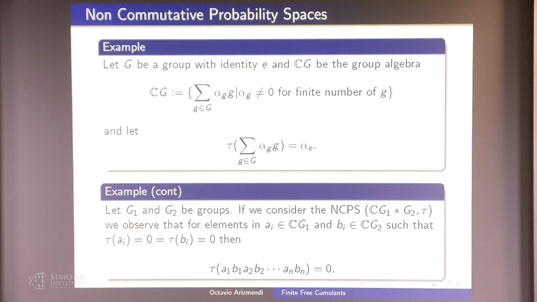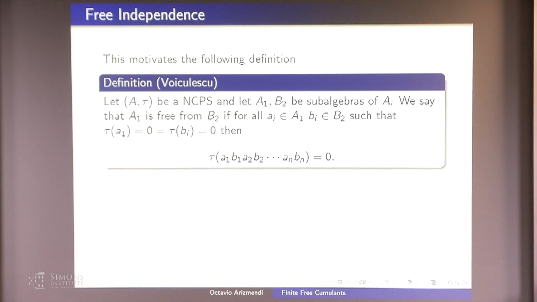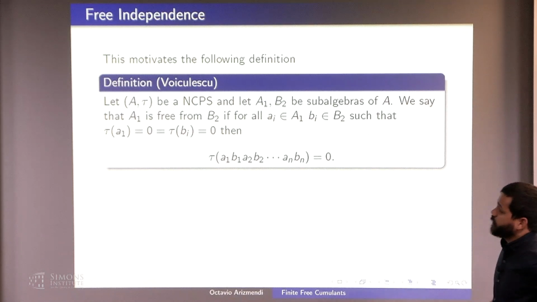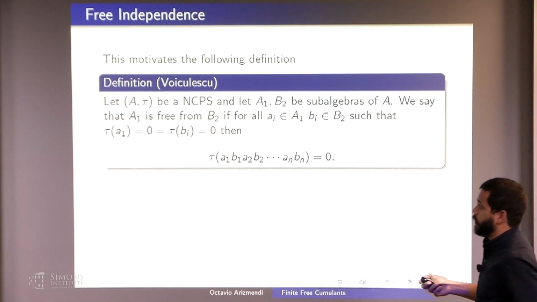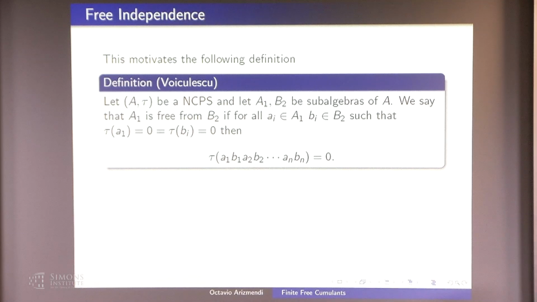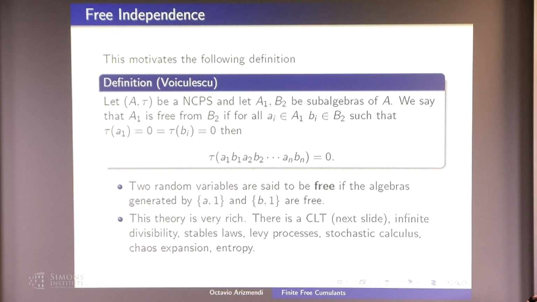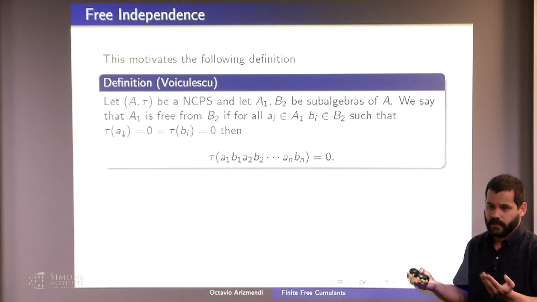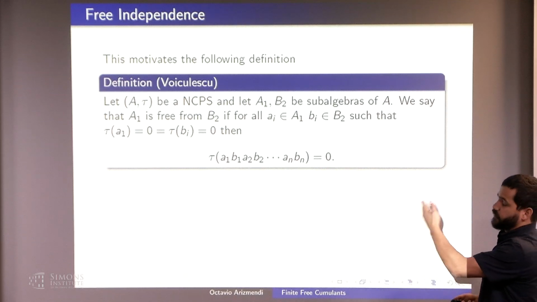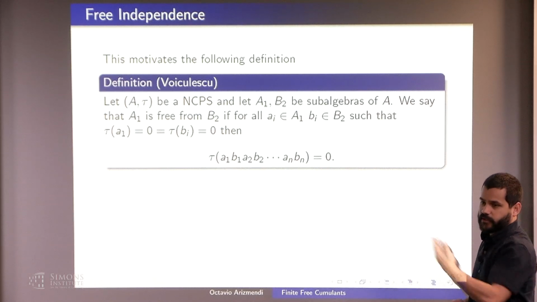Okay, and this motivates the definition of Voiculescu. What this is telling us is that if we have algebras which have no relation between them, then this should be captured by the linear functional in this way. And in fact, this is an if and only if for groups. So two groups are in free position algebraically if and only if they satisfy this relation with respect to the functional that I defined.